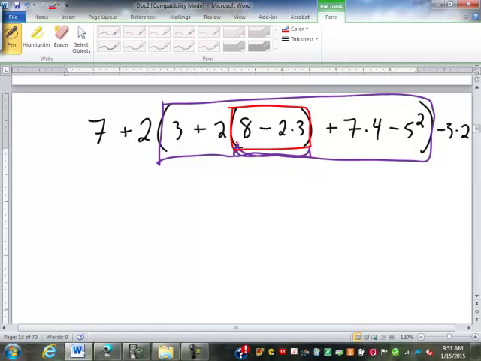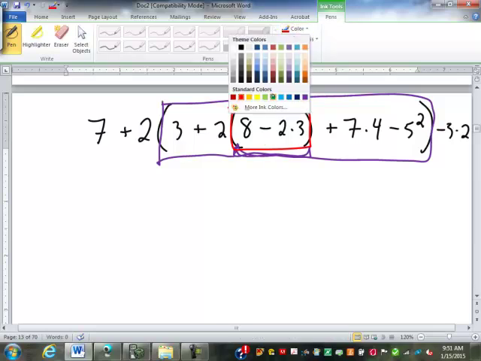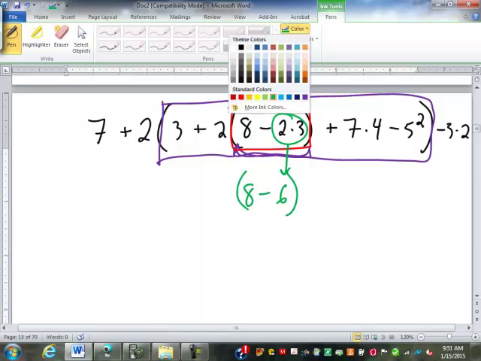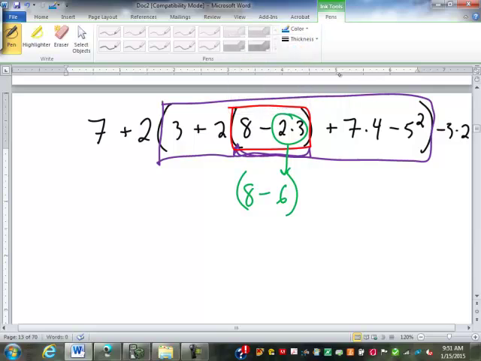In there, are there any other enclosing symbols? No. Are there any exponents, powers or roots? No. Multiplication or division? Yes, there is. So the 2 times 3 is multiplication. We're going to replace that with a 6. Now all that's left inside that parentheses is 8 minus 6, which is 2.